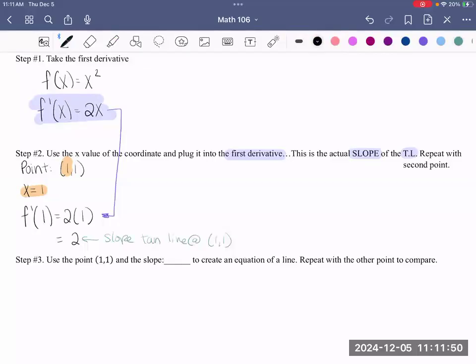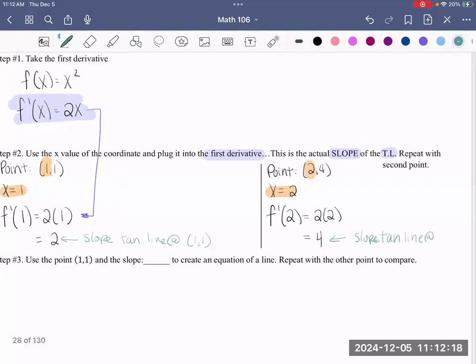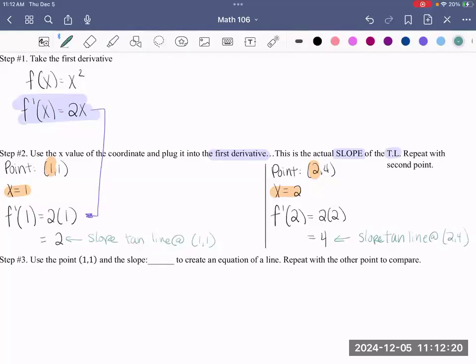Let's do it again. Kind of repeat that process. We said the point at 2, 4, when x is equal to now 2, because again, we take your x value. We always plug in your x, right? f prime of 2 is 2 times 2. So now we have 4. Again, this is the slope of the tangent line at 2, 4.